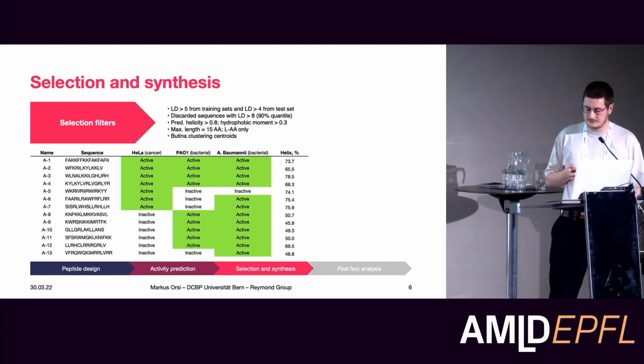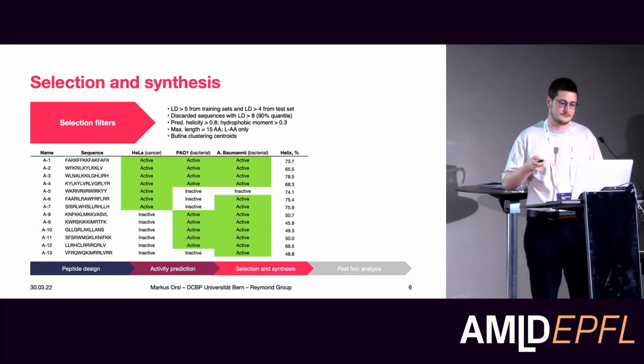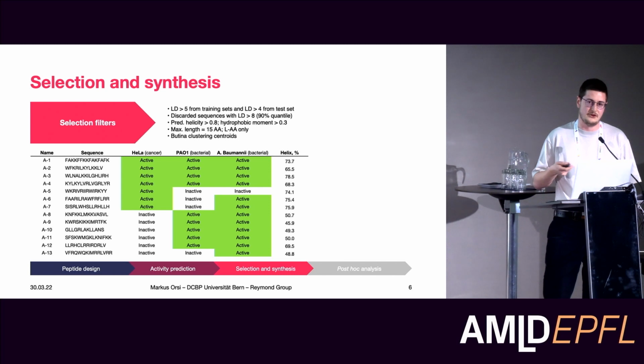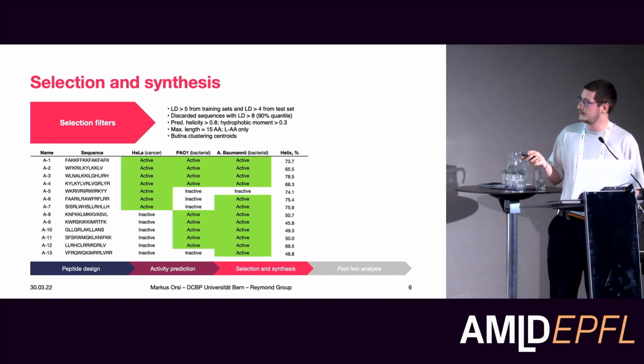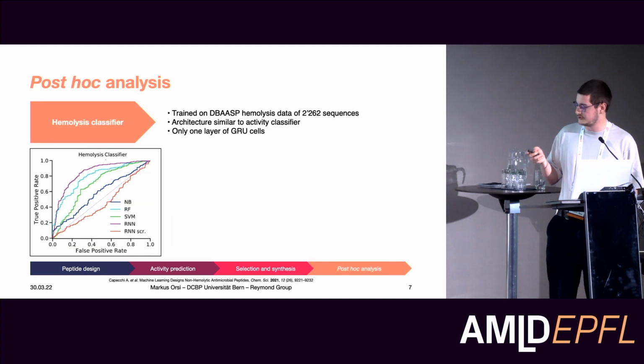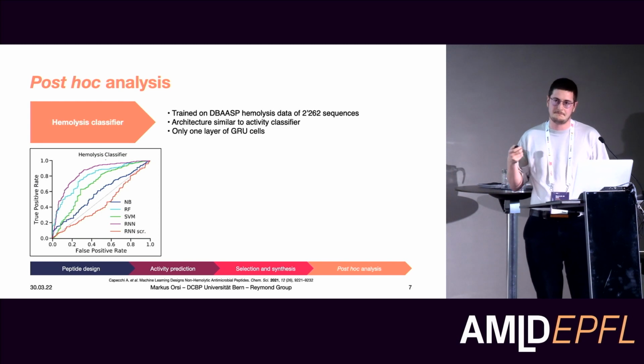But I told you in the beginning that we are obviously mostly interested in having active sequences, but we're not exclusively interested in activity. We also want to have non-toxic peptides. For this reason, we also tested hemolysis, of course, but we also wanted to include a hemolysis classifier into our workflow.